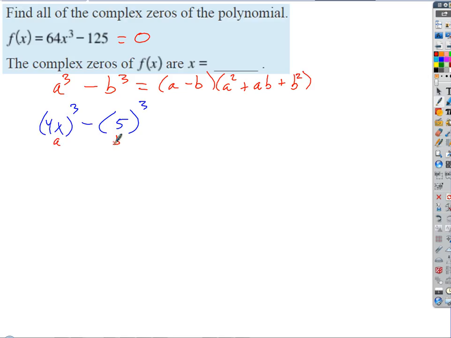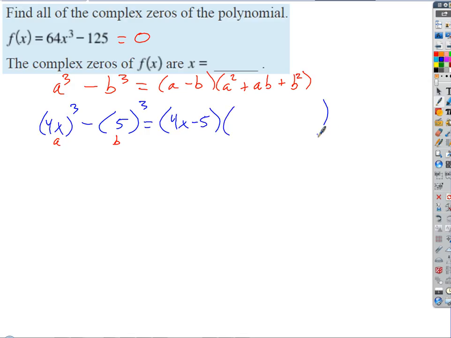Does that make sense? And so this looks really familiar. We've done a lot of stuff like this, right? So the first one is going to be what? 4x minus 5, because A was 4x and B was 5, right? So we get 4x minus 5. Now here's the tricky part.